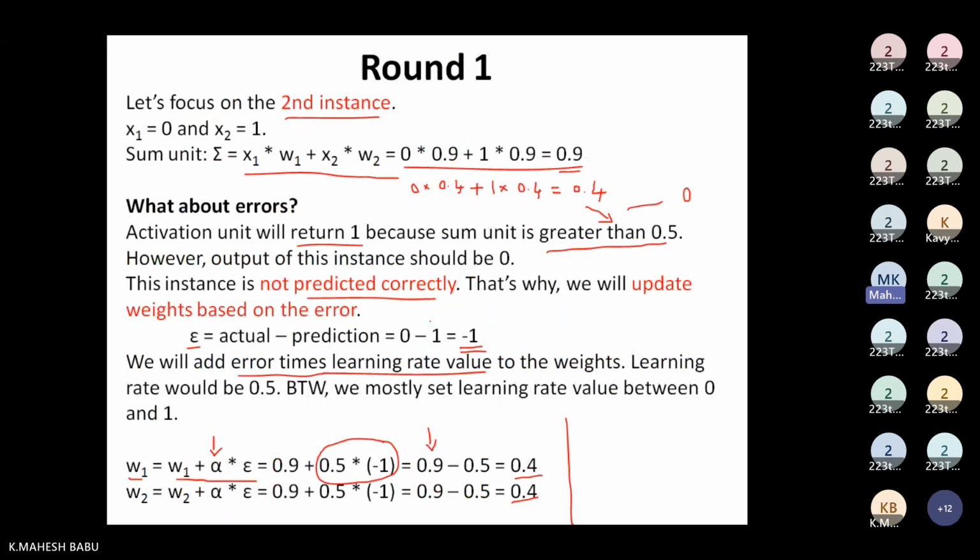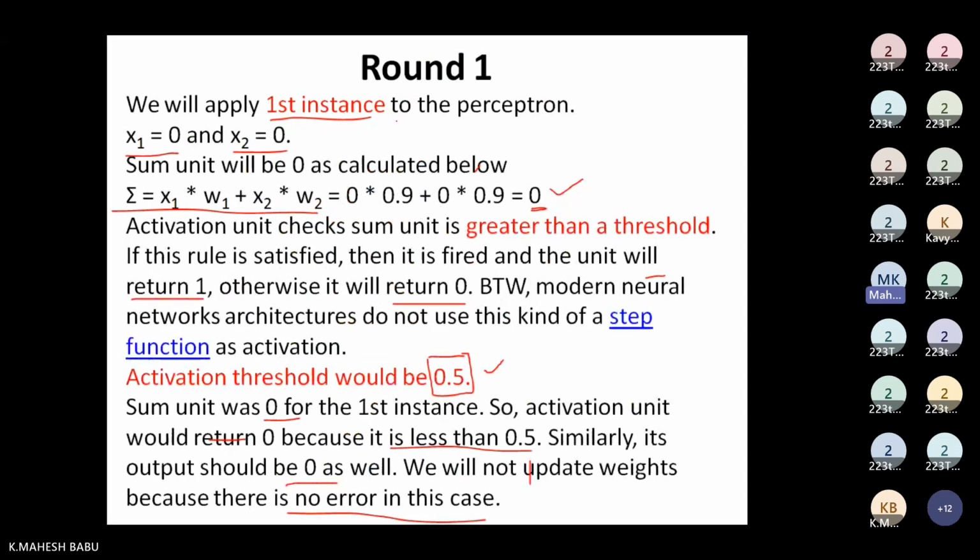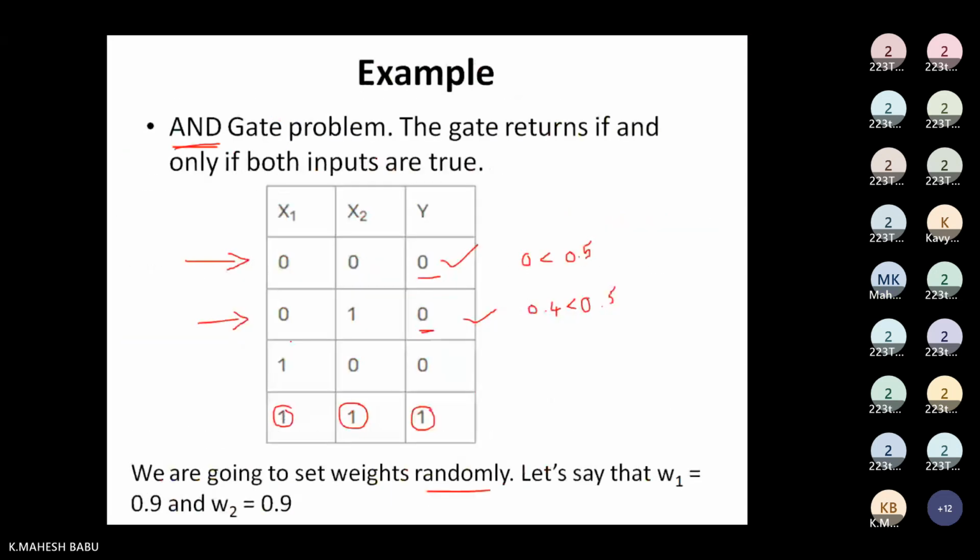this particular case. With the same weight, 0.4 for W1, X1 and 0.4 for X2, we are going to move to the third instance, verifying whether it is fine or not. The third instance is considering X1 has 1, X2 has 0.